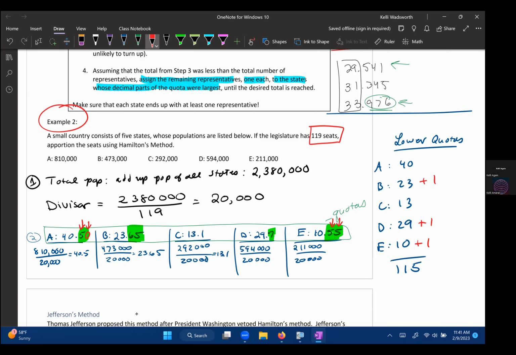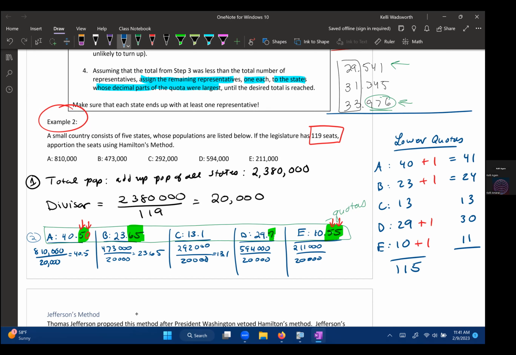That's only 3, we need 1 more, so then it would go to A, because 0.5 is definitely bigger than 0.1. So A gets another extra seat. So our final totals are A gets 41, B gets 24, C gets 13, D gets 30, and E gets 11.